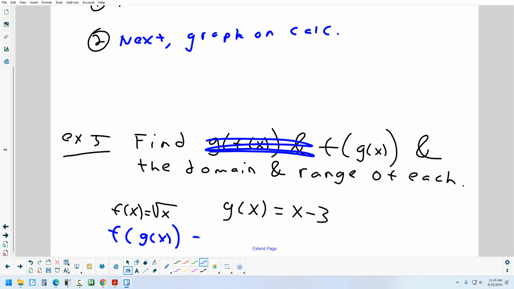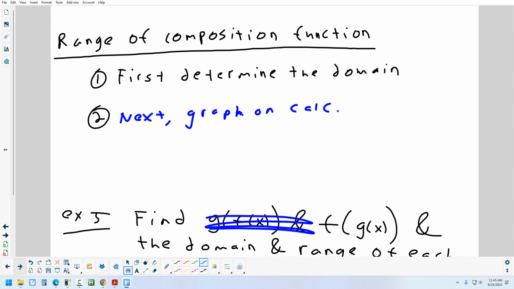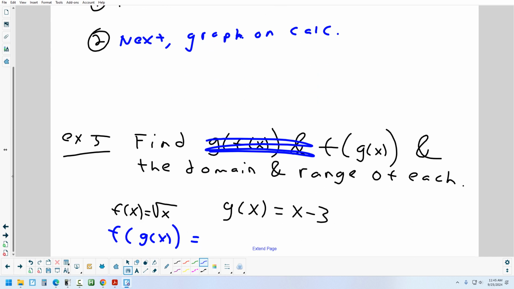All right, so f of g of x. Which function do I start with? Inner or outer? Inner. Yep, so always remember, step 1, we're looking at the inside function. Okay, what's the inside function?